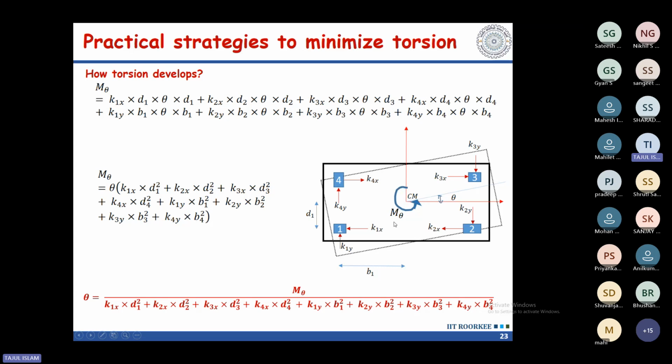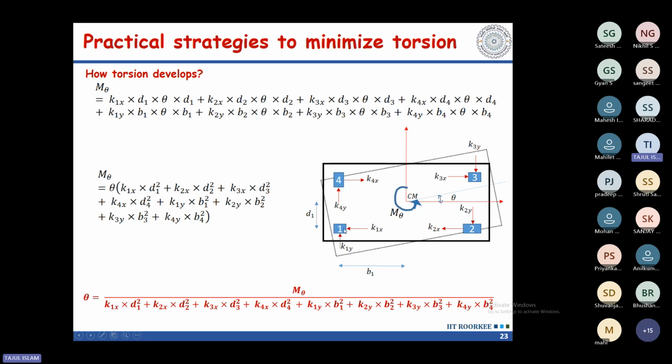Similarly, for the vertical stiffness, to create a clockwise movement which is opposite to the applied movement, the vertical stiffness of this member should be in the upward direction and that of this member in the downward direction. Now you can calculate the opposite moment with respect to any point, let's say the center of mass.